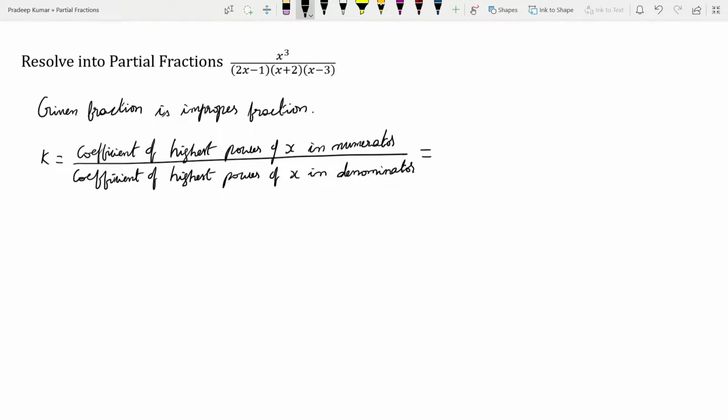So we'll write these coefficients. In the numerator, the coefficient is only 1. In the denominator, the coefficient is 2. So that is the k value.